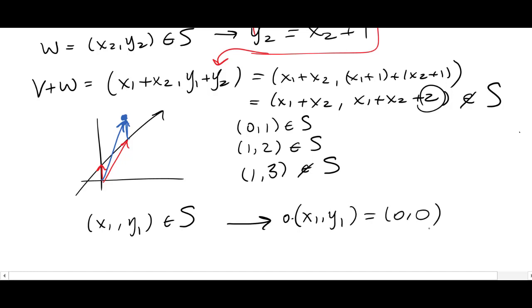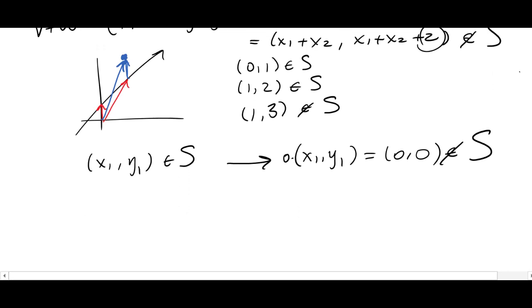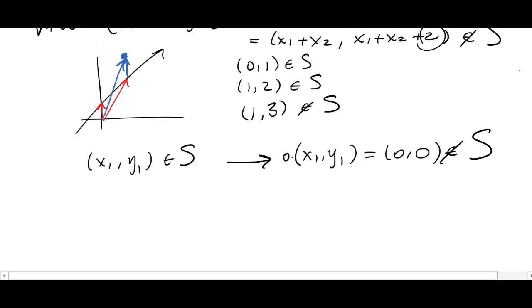But 0, 0 is not in S, because it doesn't pass through the origin. So it's not closed under scalar multiplication either. So this multiplication by 0 thing is usually a pretty good way to check something is not a subspace.